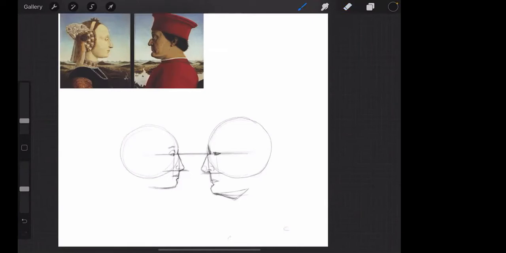And you can find the ear between the eye line and the nose line for the Duke. For the flap, the curve. It's covered by the hair. So try to find this shape, the big shape.